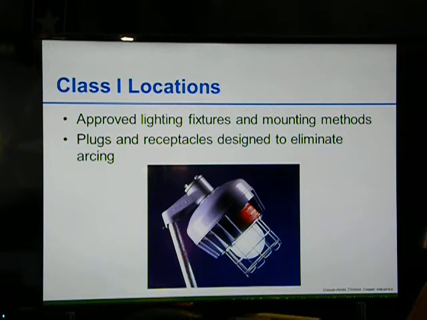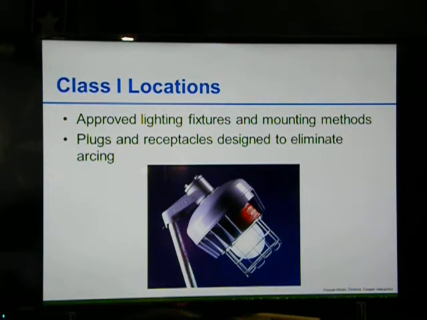Light fixtures must be approved for use in a Class 1 area. An unapproved fixture may produce enough heat to ignite gases. The mounting method must also be approved. Normally, fixtures have an explosion-proof wiring chamber sealed off from the lamp compartment. This eliminates the need to install a separate seal adjacent to the fixture.